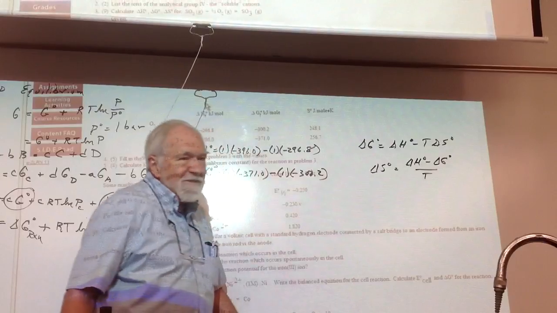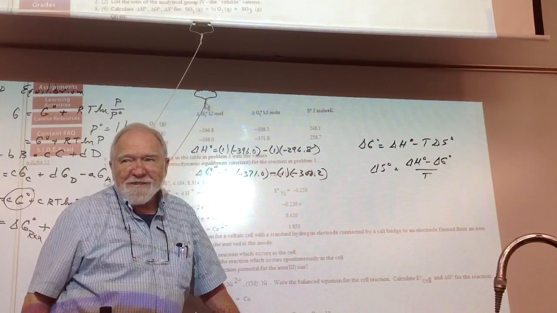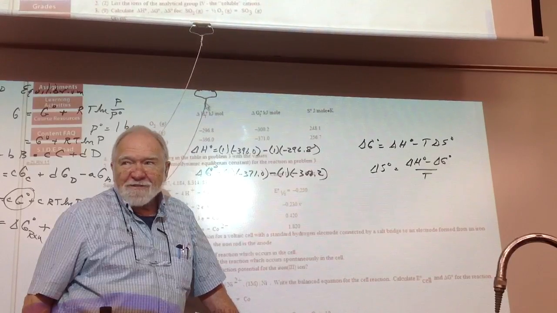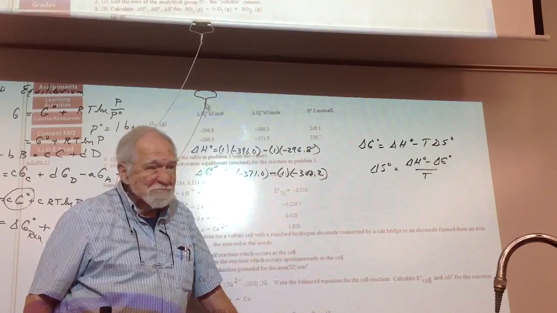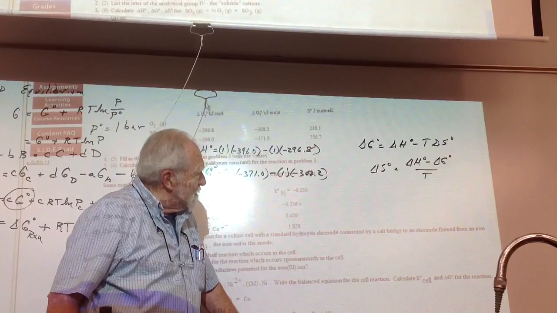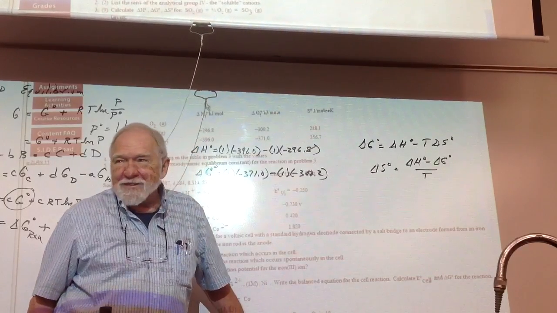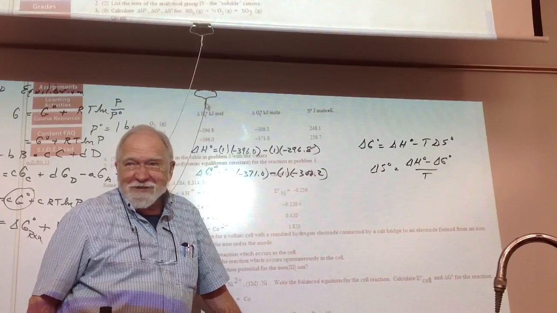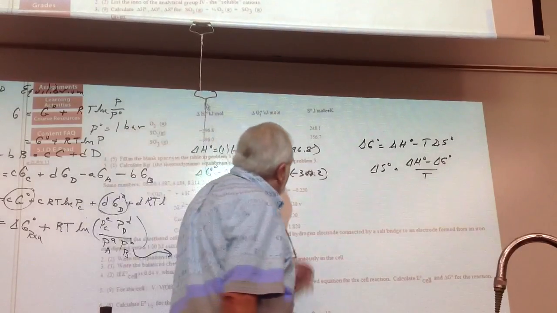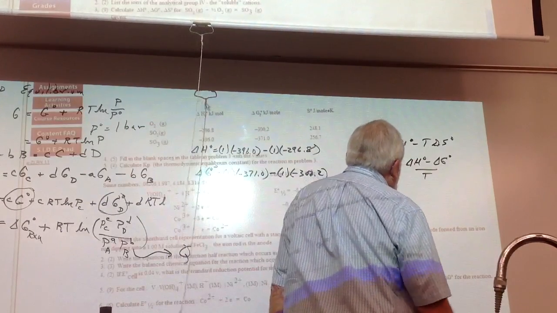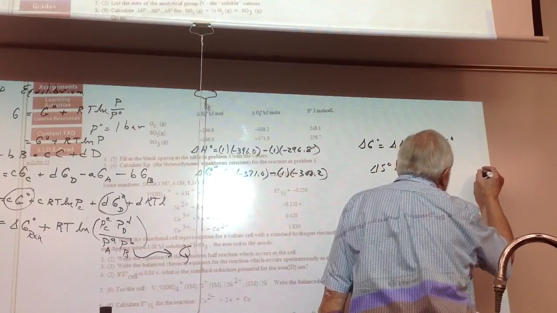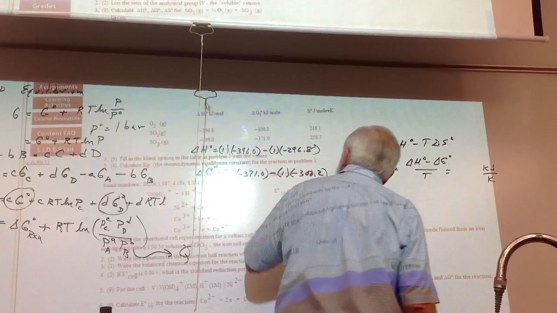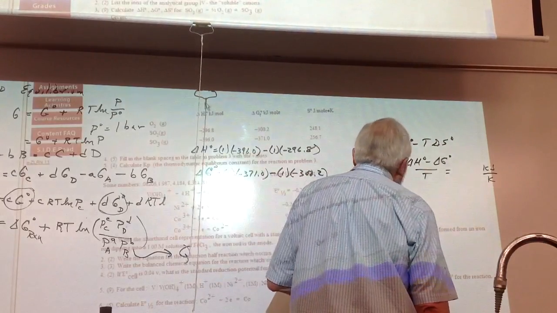Right? Wrong? The reason I keep saying that is because I always see people doing delta G minus delta H over T. Make sure you do the algebra. So I plug in these numbers right here and solve it, and it's going to come out in kilojoules because these numbers are all in kilojoules.